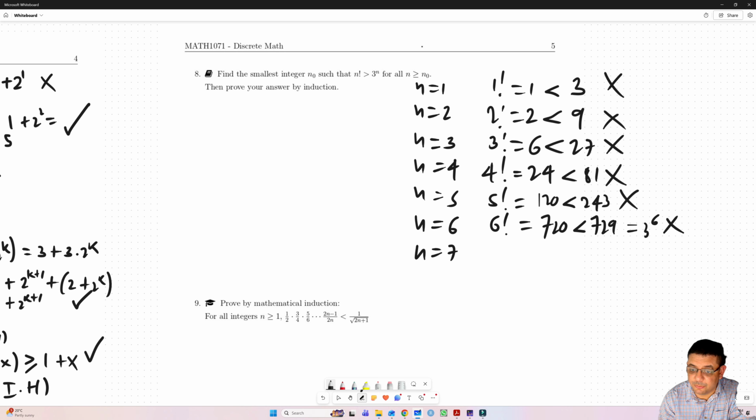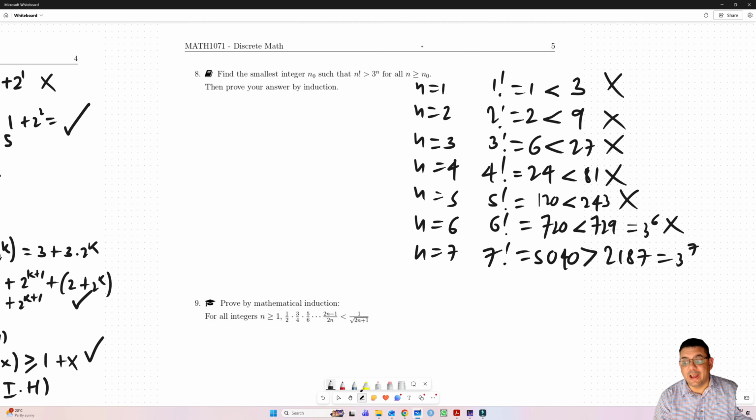Now for n equals 7, 7 factorial is actually 5,040. And this is going to be bigger now than 2,187, which is 3 to the 7. So we found our number. So this is true. N factorial is bigger than 3 to the n if n is bigger than or equal to 7.